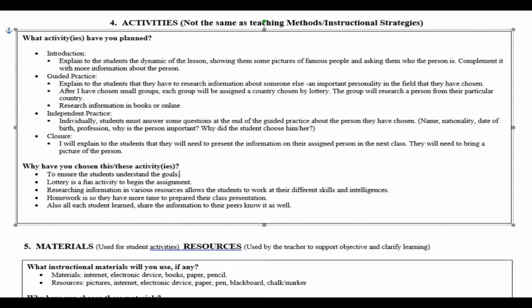The group will research a person from their particular country. Thus, the students will research information in books or online.